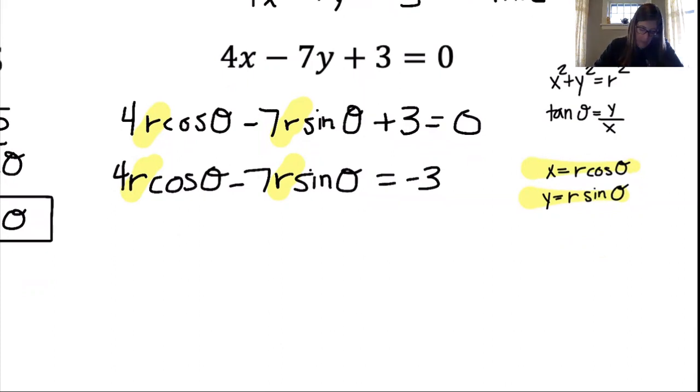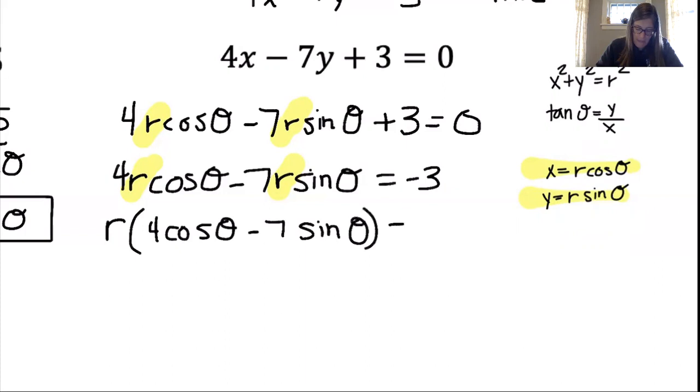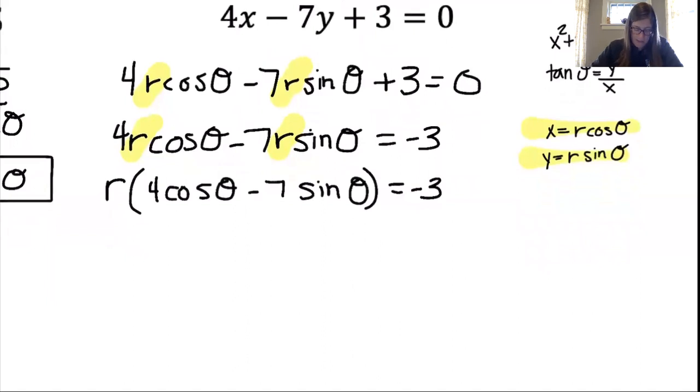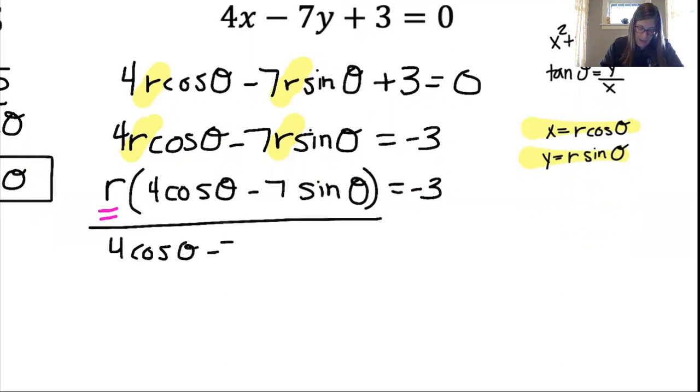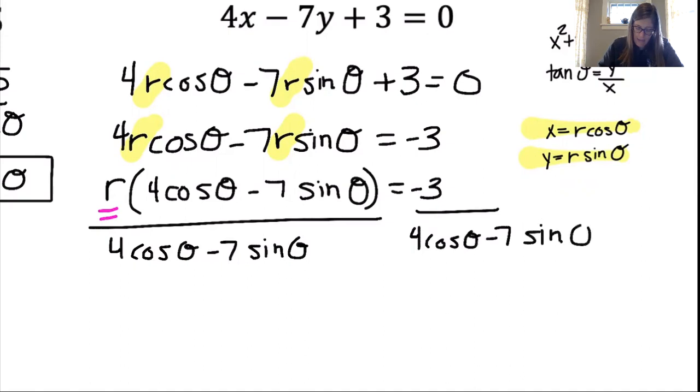Both terms have r in them, so I can factor out an r so that I have r times 4 cosine theta minus 7 sine theta, and that equals -3. My whole goal is to solve for this r. R is getting multiplied by the expression 4 cosine theta minus 7 sine theta, so I'm going to divide both sides by 4 cosine theta minus 7 sine theta.